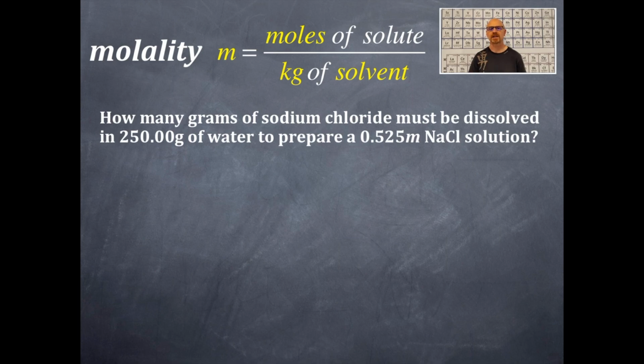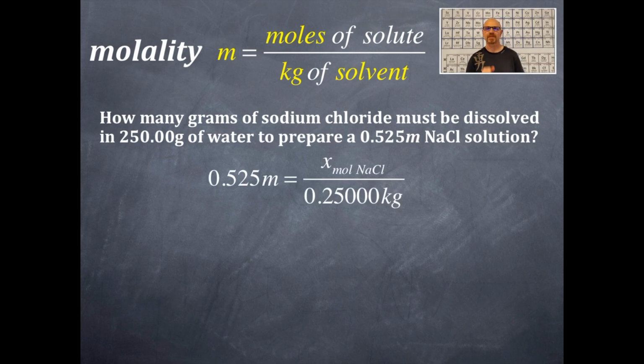I'm going to cancel out my units, and I'm going to have the number of kilograms of water, and then I'm going to solve for moles of solute. So I just plug that into the equation at the very top of this slide. So I have 0.525 molal is equal to X moles of sodium chloride divided by 0.25000 kilograms.